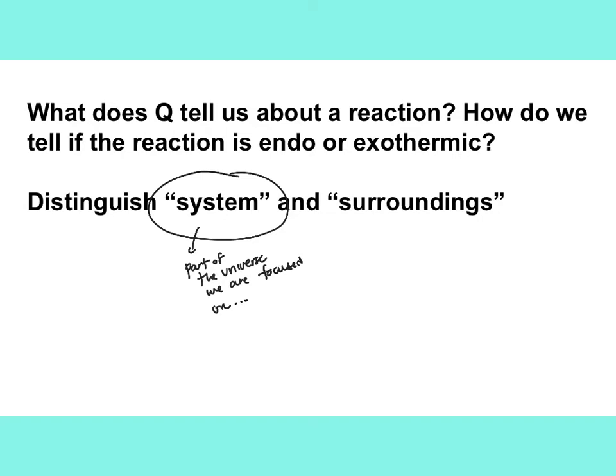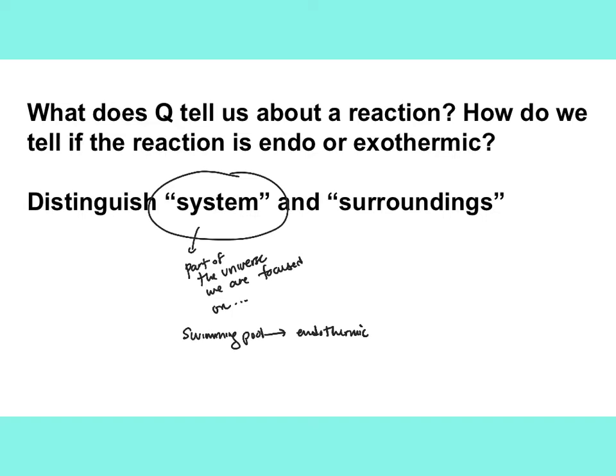It's what we're looking at and what we're considering. Okay? So that swimming pool was our world, and that world was absorbing energy, and therefore, from the point of view of the swimming pool, the reaction was endothermic.